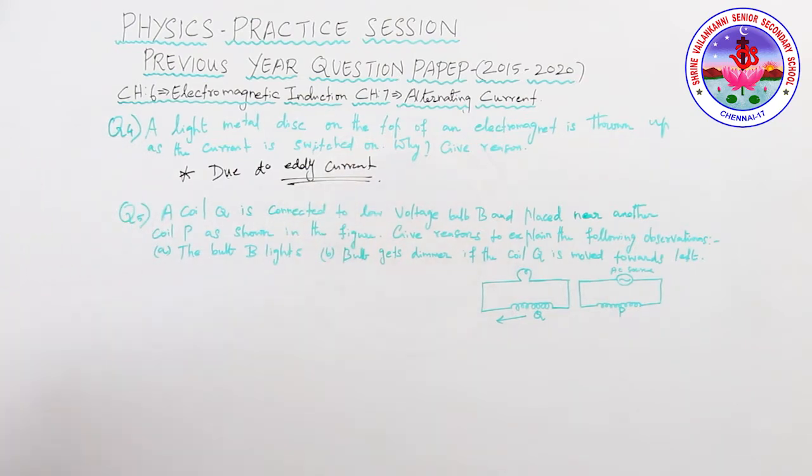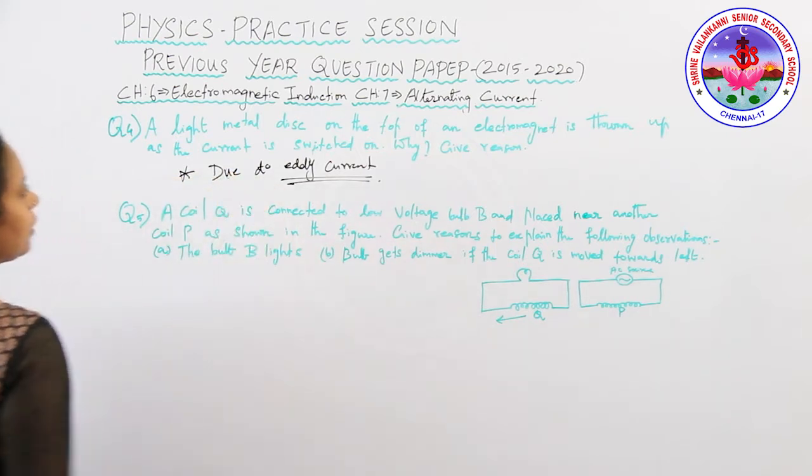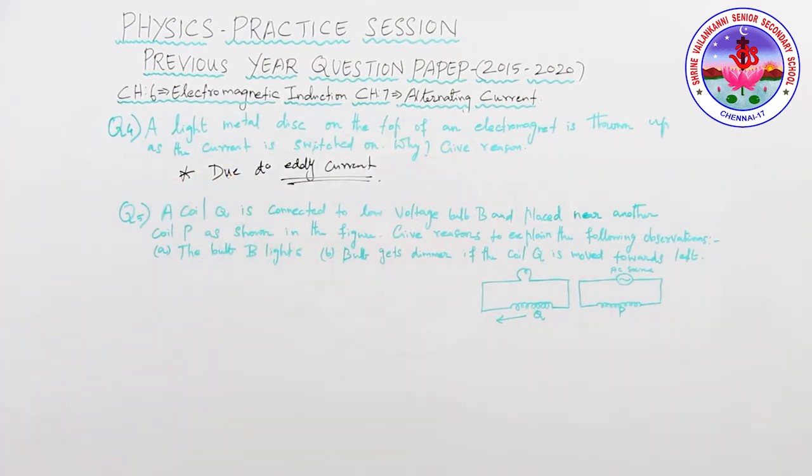A light metal disc on the top of an electromagnet is thrown up as the current is switched on because of the eddy current, and the current produced has opposite polarity on the lower side of the disc, so that only it is thrown up.